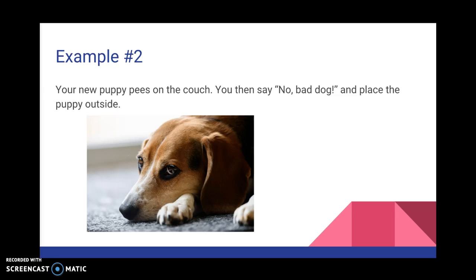Okay, so stimulus was puppy peeing on the couch. Response was this negative attention. Hopefully the dog pees less on the couch. What do you think this is? Positive or negative feedback? The answer is negative. Right, so our response decreased the behavior, decreased the stimulus, so this is negative feedback.